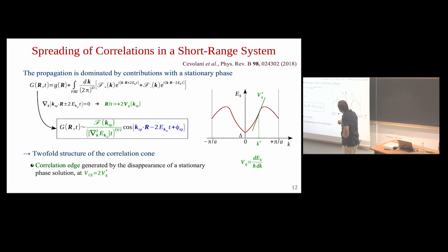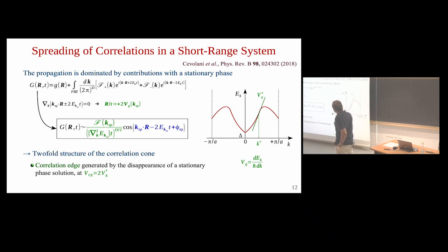There is another term here that is an oscillation of the cosine that will give me the dynamics of the oscillations, so periodic oscillations of my system. And close to the edge of the cone, it will be governed by this k star, so where the group velocity is maximum.